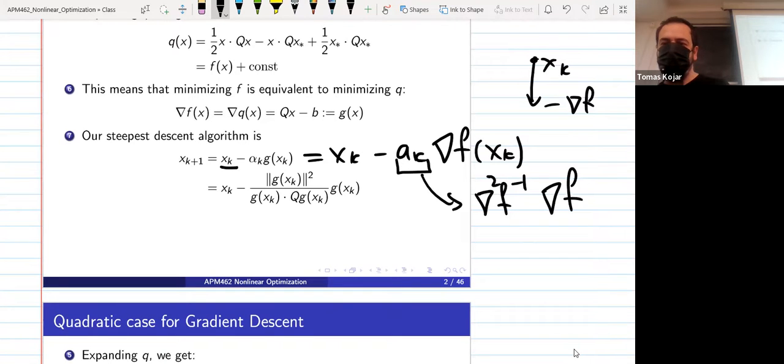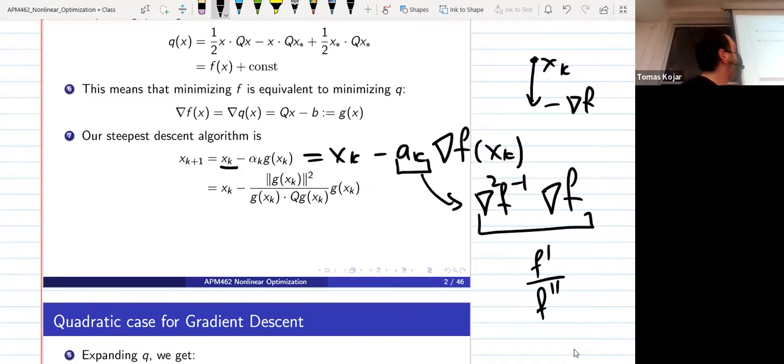One of these two. Because the 1D method is f prime over f double prime, and here we had the Hessian times the gradient. Anyhow, the point is, if you do this calculation here, you will get this stuff.